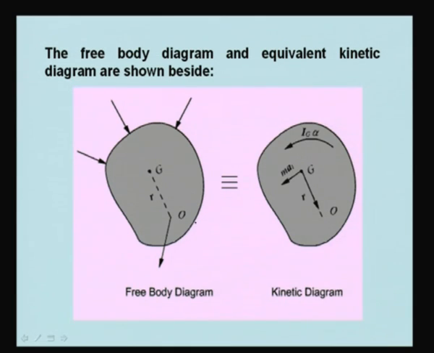The free body diagram shows the externally applied forces and also the reaction forces passing through O. G is the mass center, and the kinetic diagram has mass times tangential acceleration, mass times normal acceleration, and Ig times alpha.